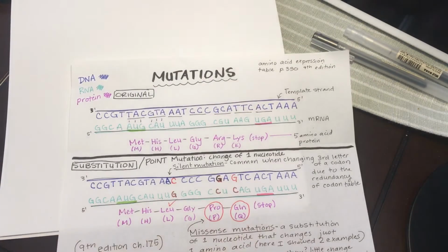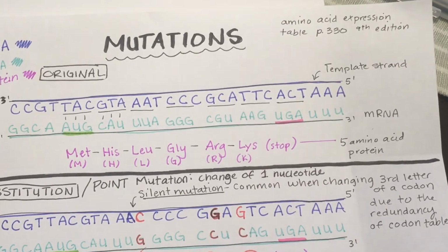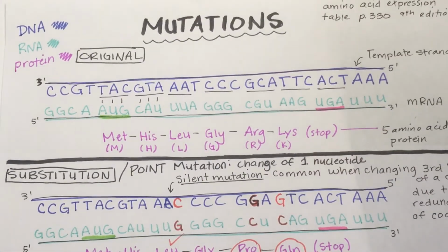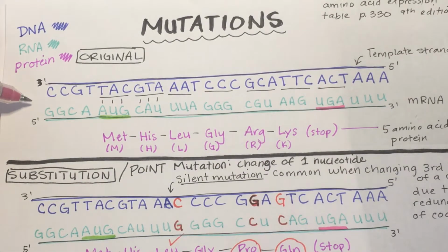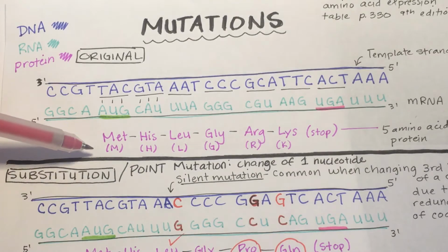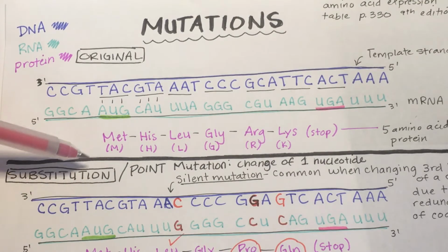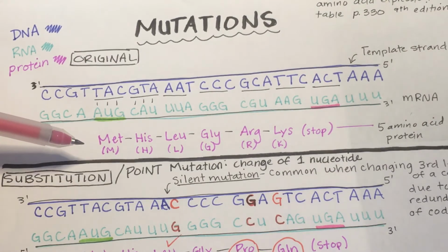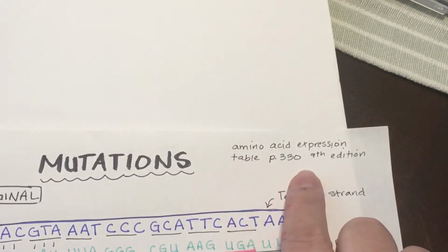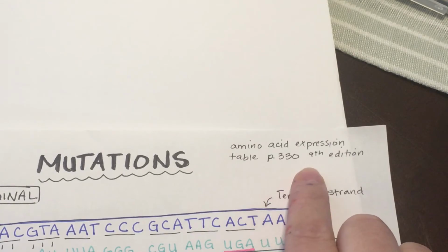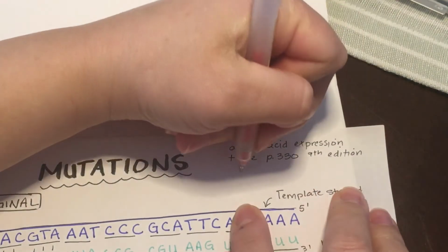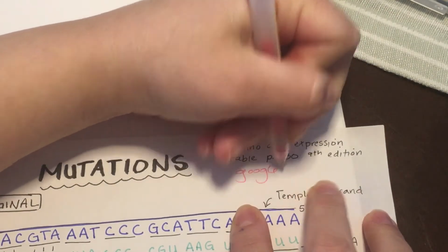So here is my original DNA message. I've got my DNA in blue, my RNA in teal, and then my resulting amino acid protein structure here in like fuchsia. So you can also find an amino acid expression table on page 330 in the 9th edition, or you could just Google codon table.